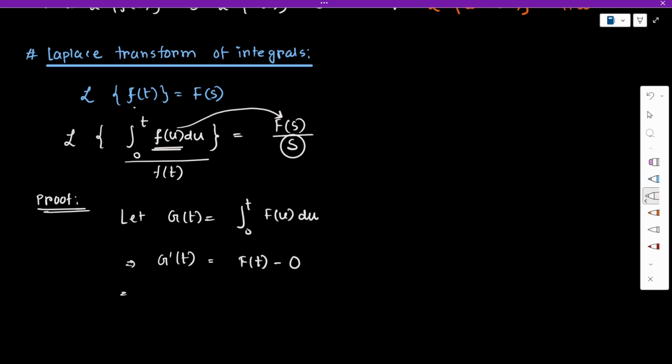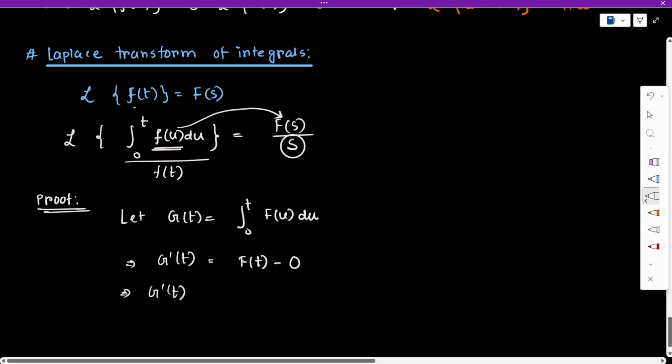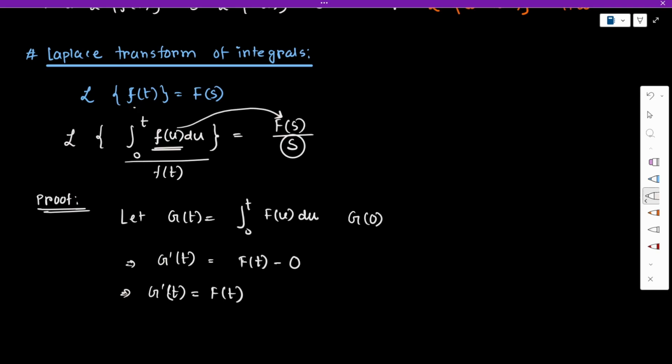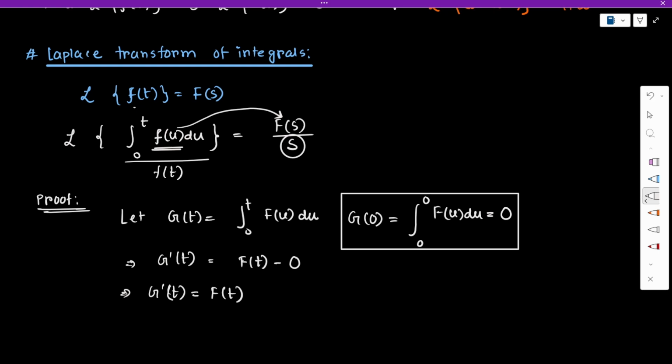So g prime of t is going to become f of t, and we also need to find the value of g of 0. If we try to find the value of g of 0, the integral becomes the integral from 0 to 0 of f(u) du, which is eventually going to be 0 because the upper limit and the lower limit are the same. So g of 0 is equal to 0 and g dash of t is equal to f of t.